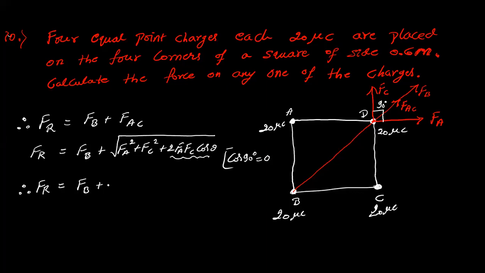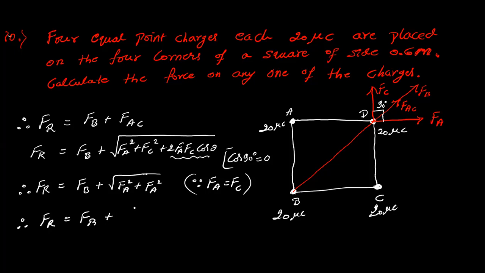So FR is equal to FB plus the square root of FA square plus FA square, since FA is equal to FC. Solve this and you'll get root 2 times FA. Now this is our formula.